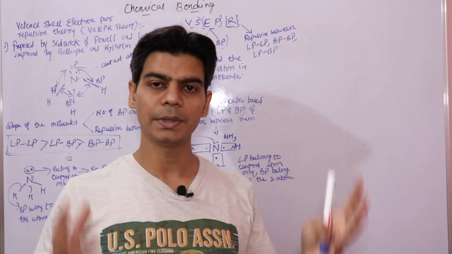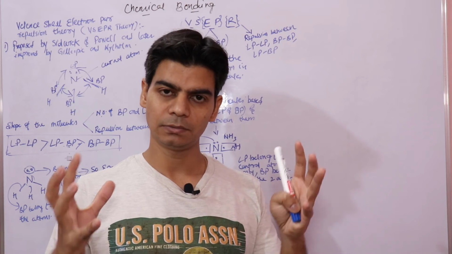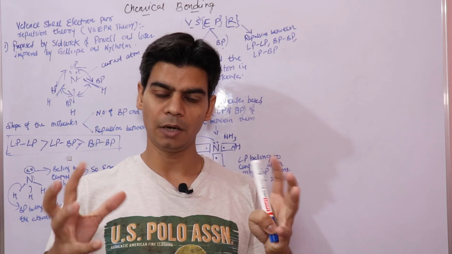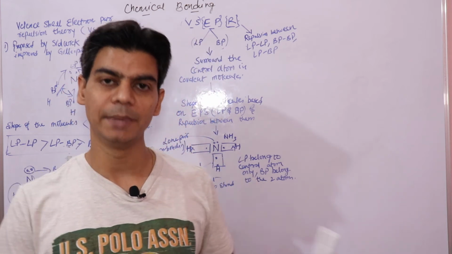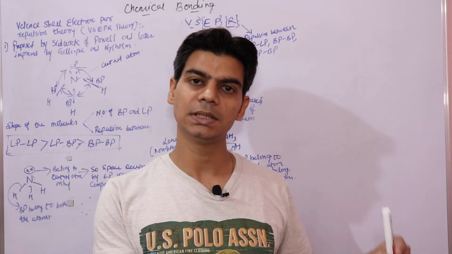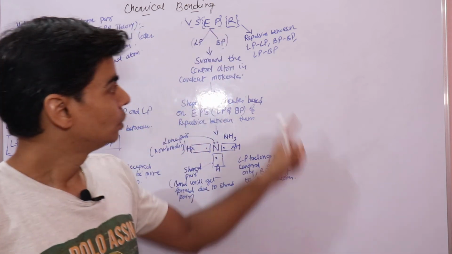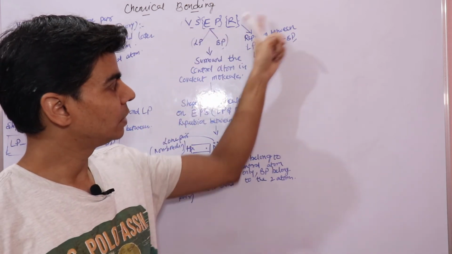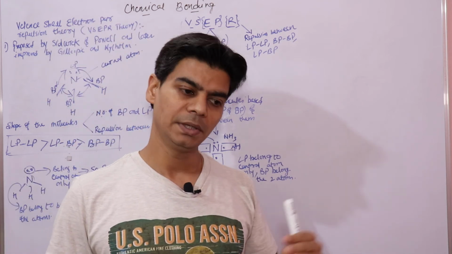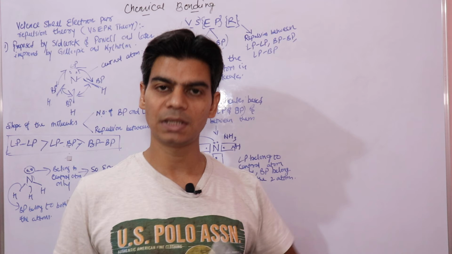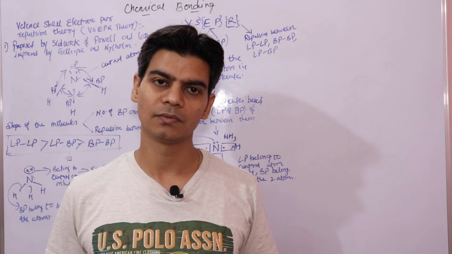Between these three, the force of repulsion should be minimum, right? So what these lone pair and bond pairs will do, due to the force of repulsion, is try to be as away from one another as possible, so that the force of repulsion is minimum, the energy is minimum and stability is maximum, right? Since these electron pairs experience a force of repulsion, that will decrease the stability of the molecule.